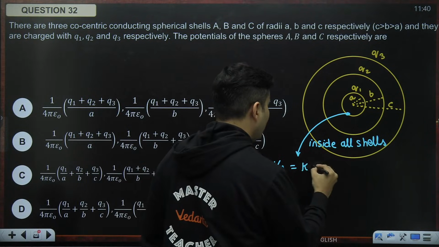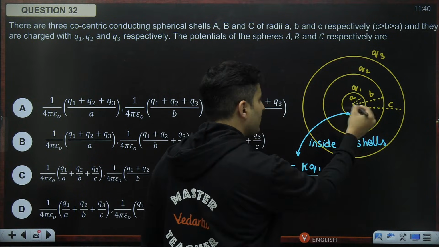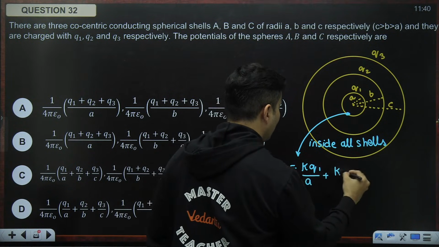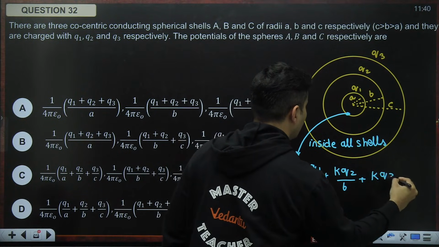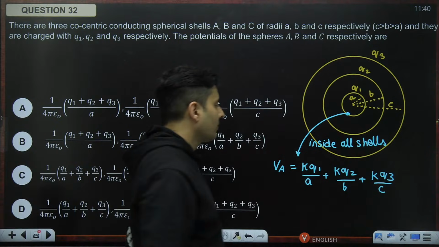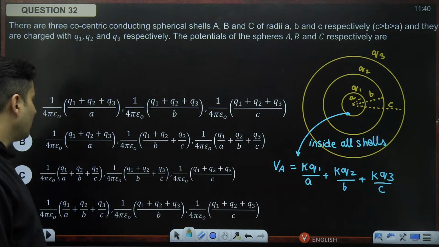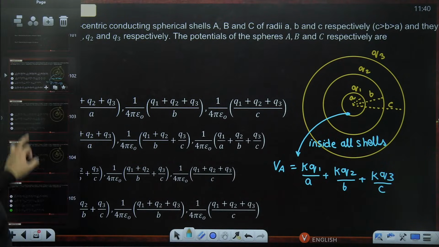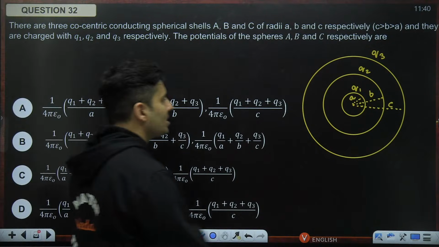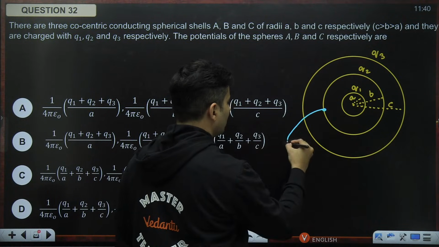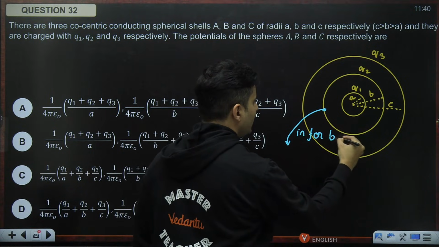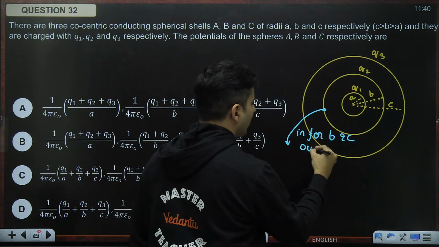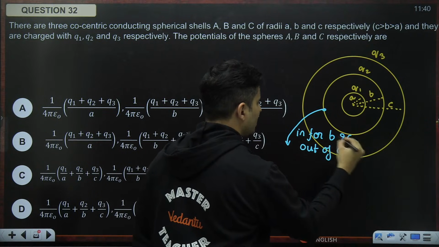So it will be nothing but k q1 by radius of that shell, which is A, plus k q2 divided by radius of that shell, plus k q3 divided by radius of that shell. Direct formula. Okay. Then let's say we are on shell B. You are inside for B and C, but you are outside the shell A.